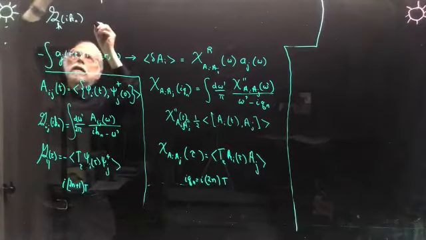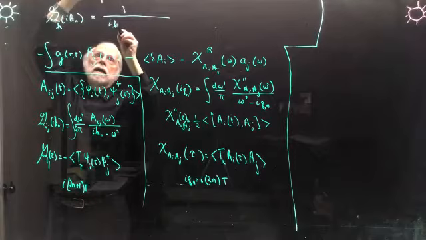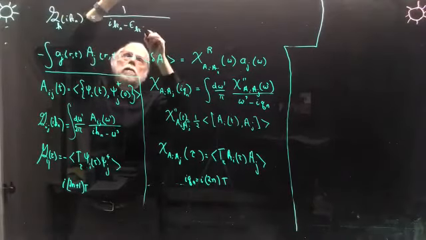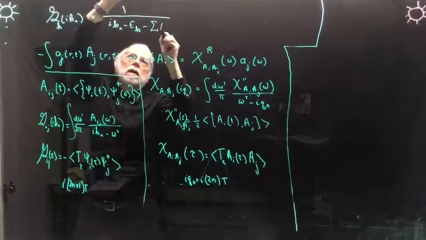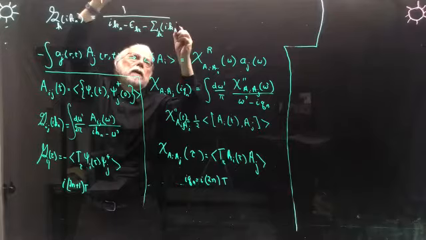Let's take a translationally invariant case: G of ik_n is 1 over ik_n minus some dispersion relation minus sigma of ik_n, and some K dependence like here.